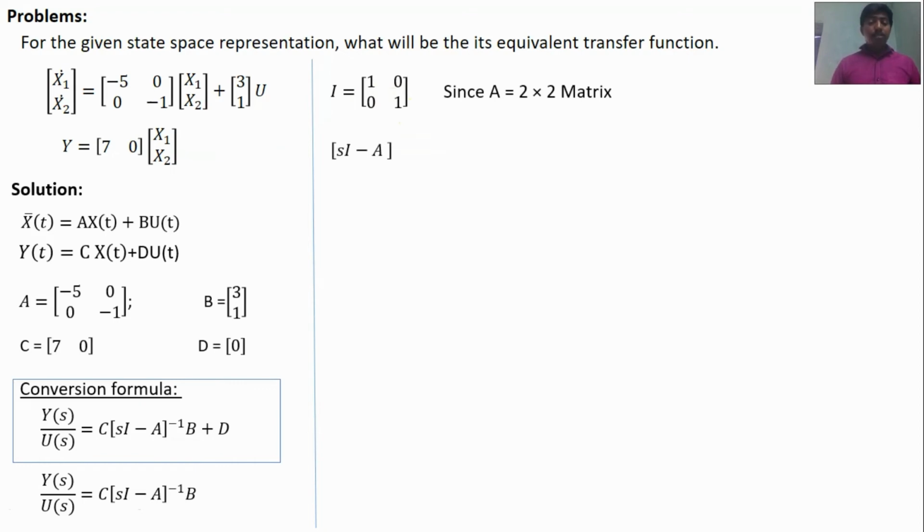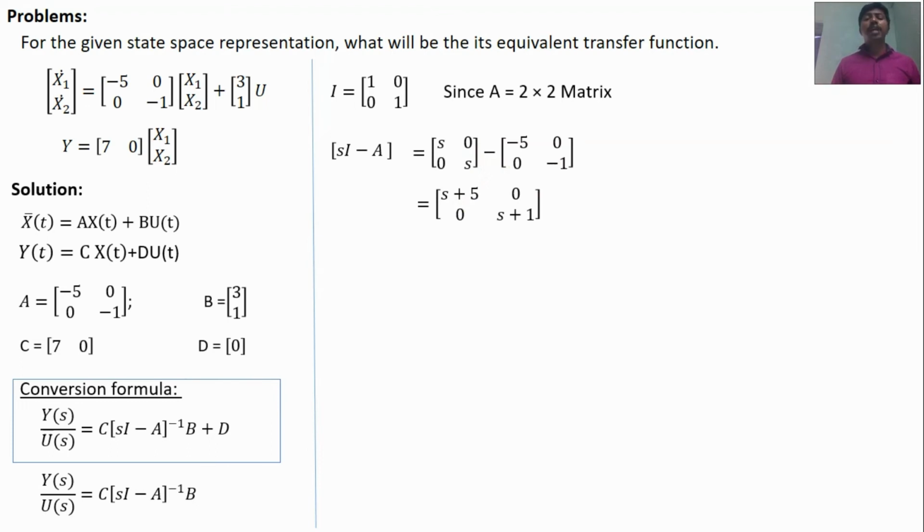So sI minus A is equal to [s, 0; 0, s] minus the A matrix. S minus of minus 5 is s plus 5, 0 minus 0 is 0, 0 minus 0 is 0, and s minus of minus 1 is s plus 1. This is sI minus A. We need (sI minus A) inverse.